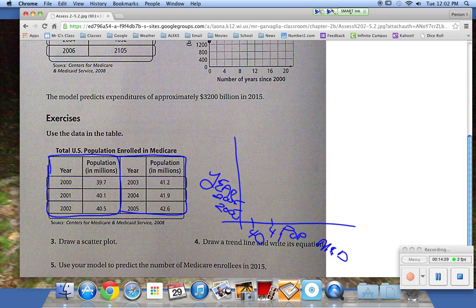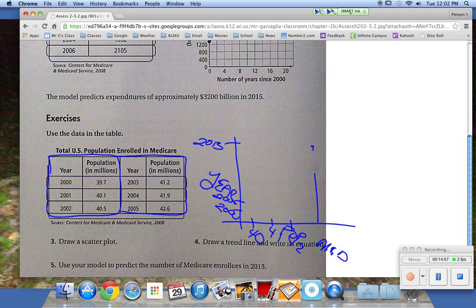I may make that 41, then 42, and on up. And then you predict that by the year 2015, is it? Yes, up here somewhere would be 2015. Where does that meet up in here? Where is that? And that'll be a predictor to tell you about how many people will be on Medicare.